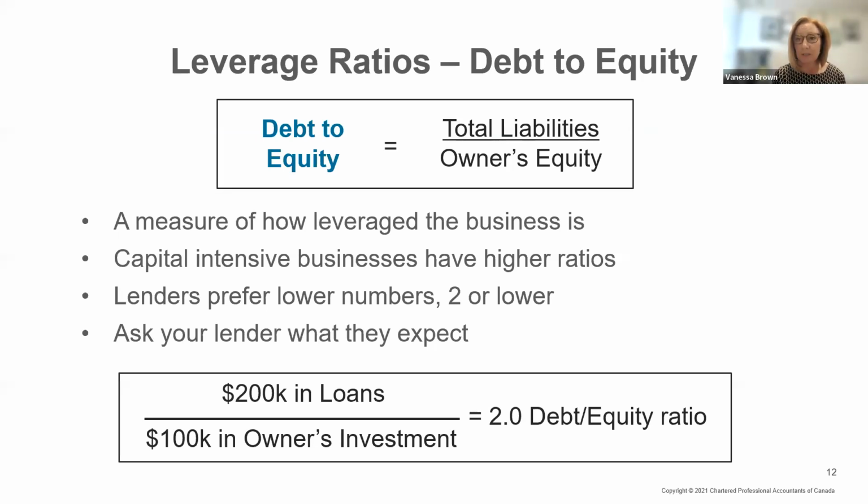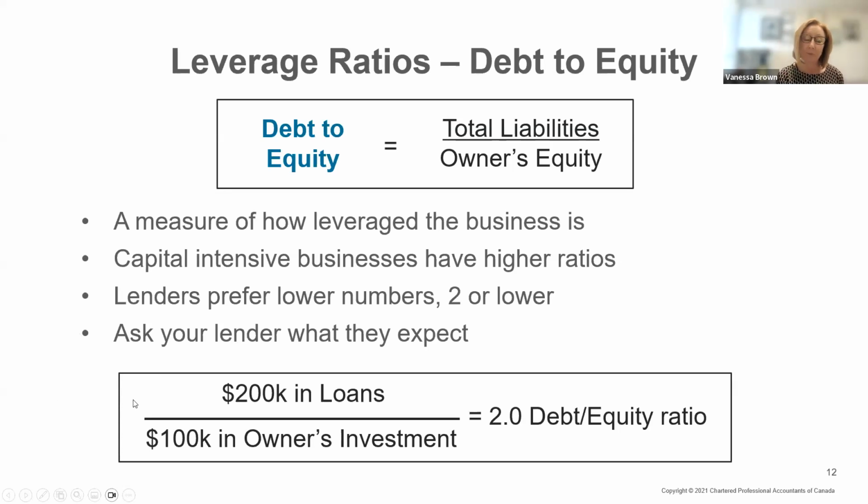Capital intensive businesses will usually have a higher ratio, meaning that the liabilities they carry will be greater in proportion to their owner's equity. And lenders usually want 2 or lower. They want this, again, because liabilities is the numerator on this equation. They want that leverage ratio to be lower than, not higher.